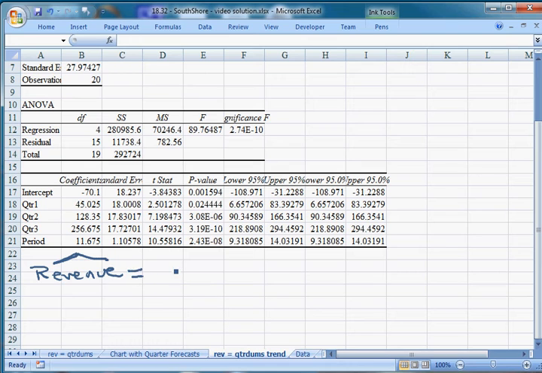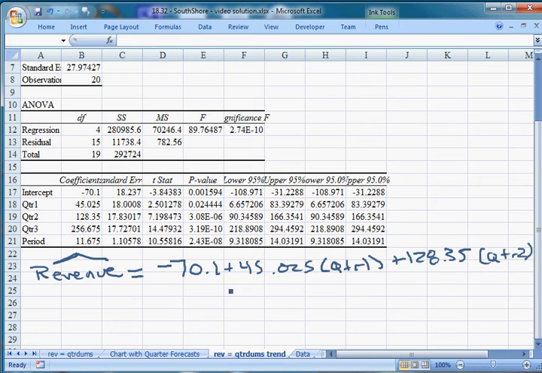It's going to be equal to negative 70.1 plus 45.025 times QTR1 plus 128.35 times QTR2 plus 256.675 times QTR3 plus 11.675 times period.